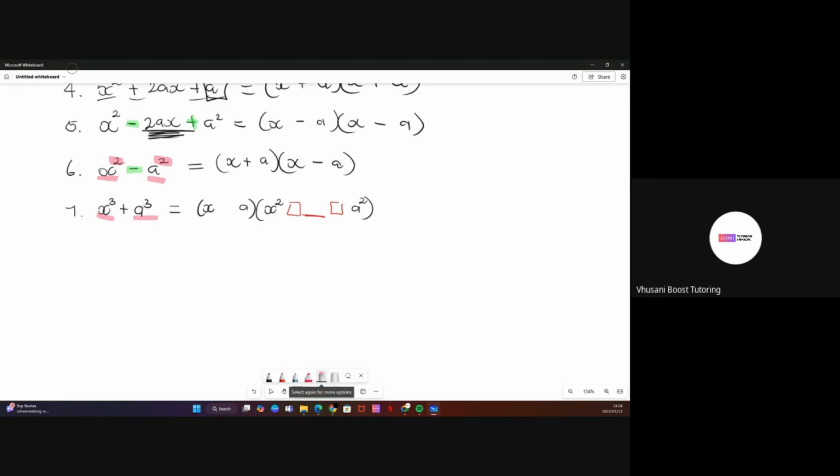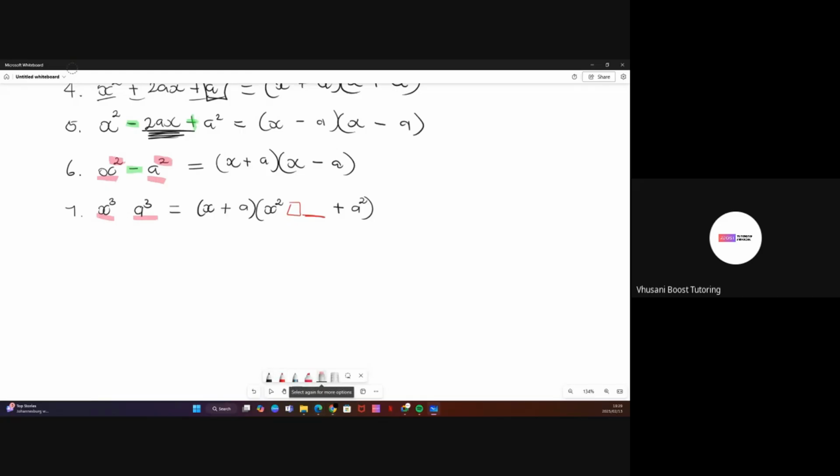This symbol is always a positive, always a positive, right? Never ever use a negative symbol over there. And then for this symbol over here, you just copy the one that they gave you, so it's a positive as well.